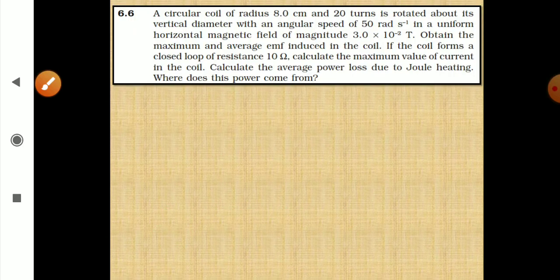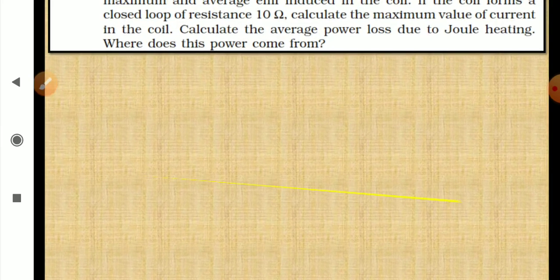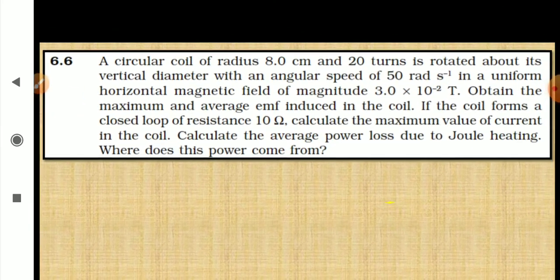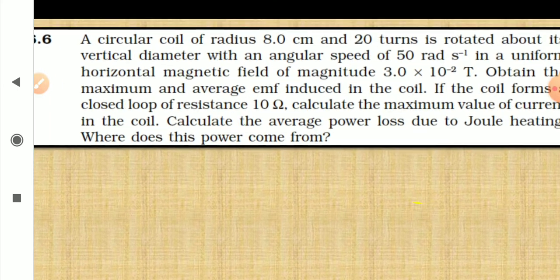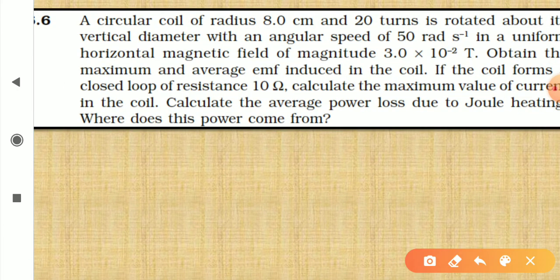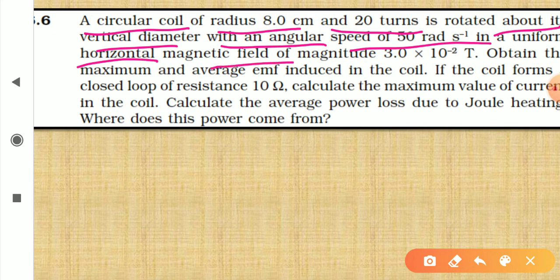And now let us look at some numerical problems based on it. This is your NCERT problem, unsolved problem. So let us have a look. A circular coil of radius 8 cm and 20 turns is rotated about its vertical diameter with an angular speed of 50 radian per second in uniform horizontal magnetic field of magnitude 3 into 10 raised to the power minus 2 Tesla.